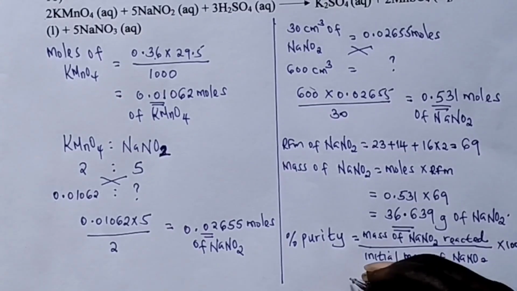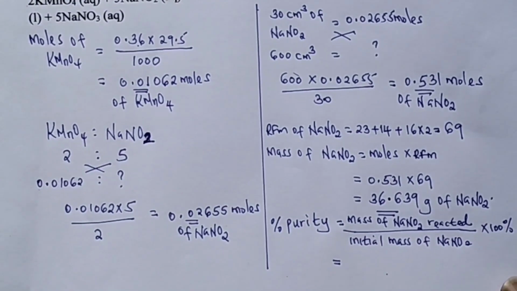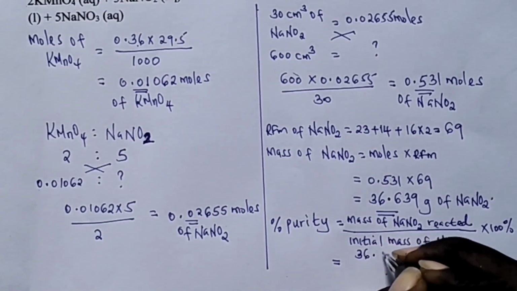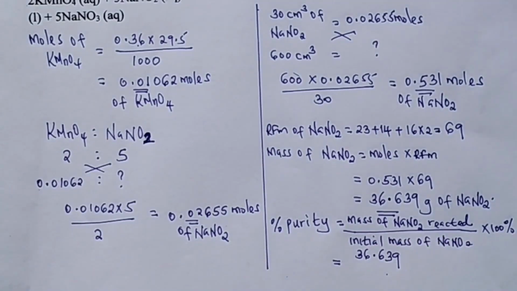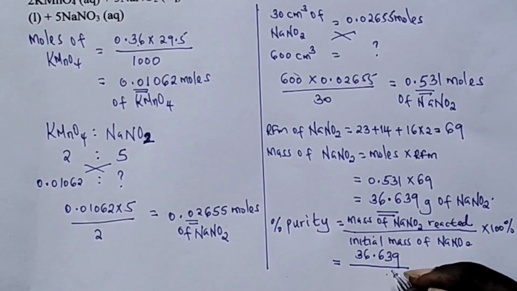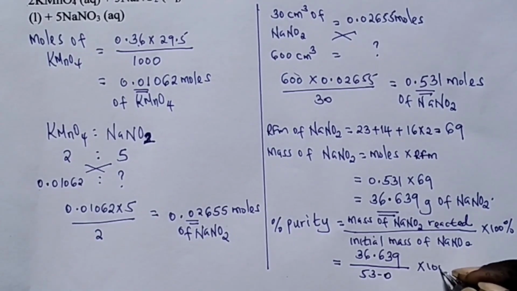That is the formula we use to get the percentage purity of sodium nitrite. So here we say 36.639, the mass of sodium nitrite that reacted with potassium manganate(VII), divided by the initial mass, which was 53.0 grams, multiplied by 100%.